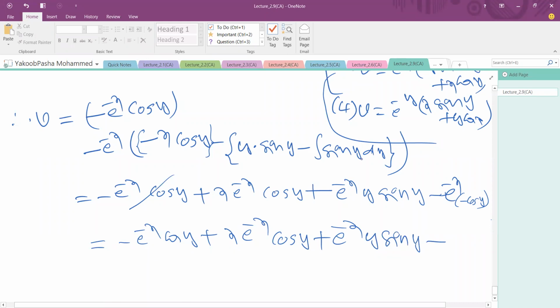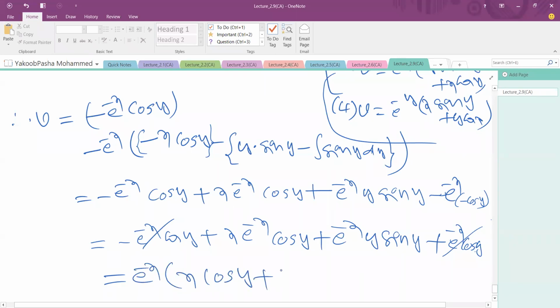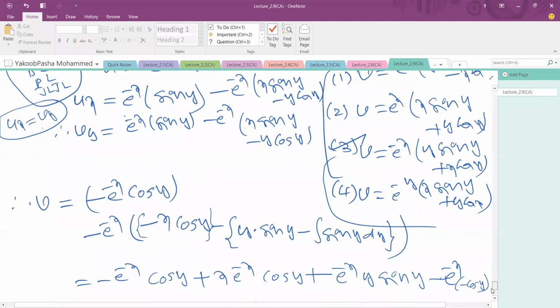Here sin y becomes plus, e power minus x into cos y plus an arbitrary constant. This is cos y. These two are cancelled. Okay, so we can take e power minus x as common: x cos y plus y sin y. This is option D.